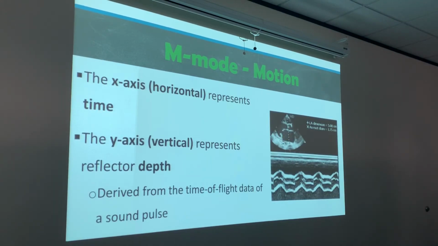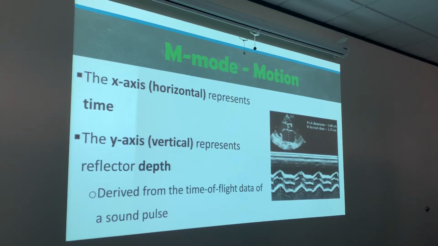The x-axis represents time, and on M mode, the y-axis represents the depth of the reflector. Okay? Again, this sample rate is being taken representing superficial to deep. Same thing on here, superficial to deep. Okay, and this is the x-axis representing the time.